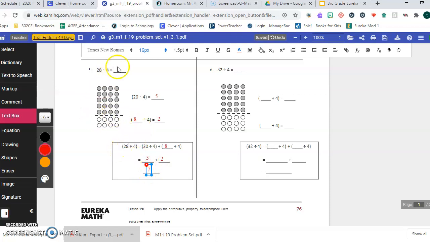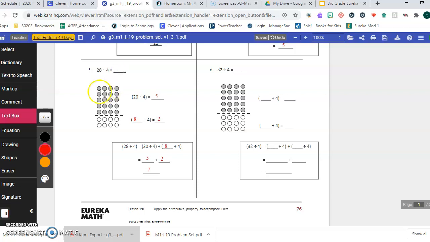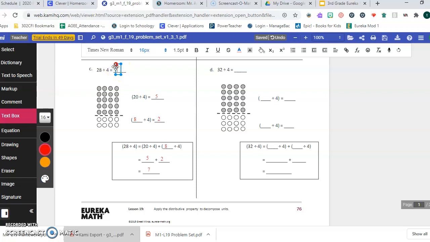I can check my work to make sure that I've got 7 groups of 4. 1, 2, 3, 4, 5, 6, 7 groups of 4 make 28 total. So you can see the array model is a very good tool to use for multiplication, as we already know, but also for division.